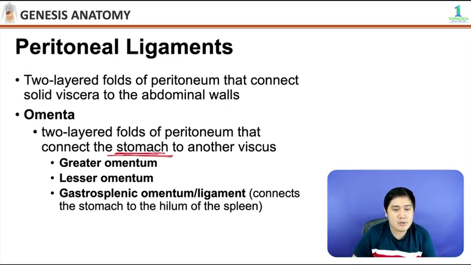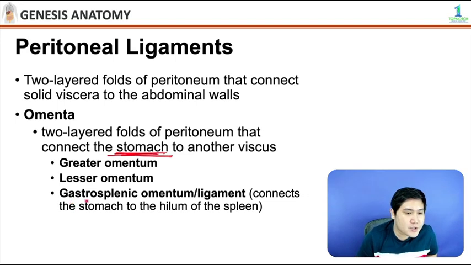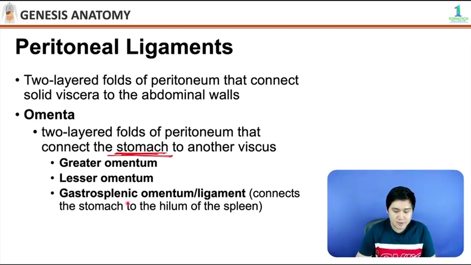If it is the stomach connecting to the other organ, omenta or omentum is what we call it. So for example, the greater omentum, the lesser omentum, or your gastrosplenic omentum or ligament, which connects the stomach, gastro, to the spleen, splenic. Gastrosplenic omentum.